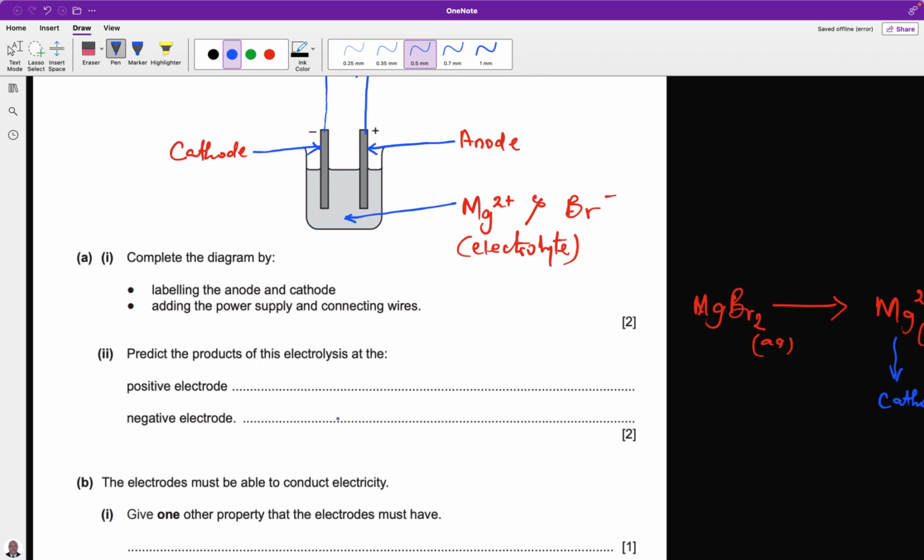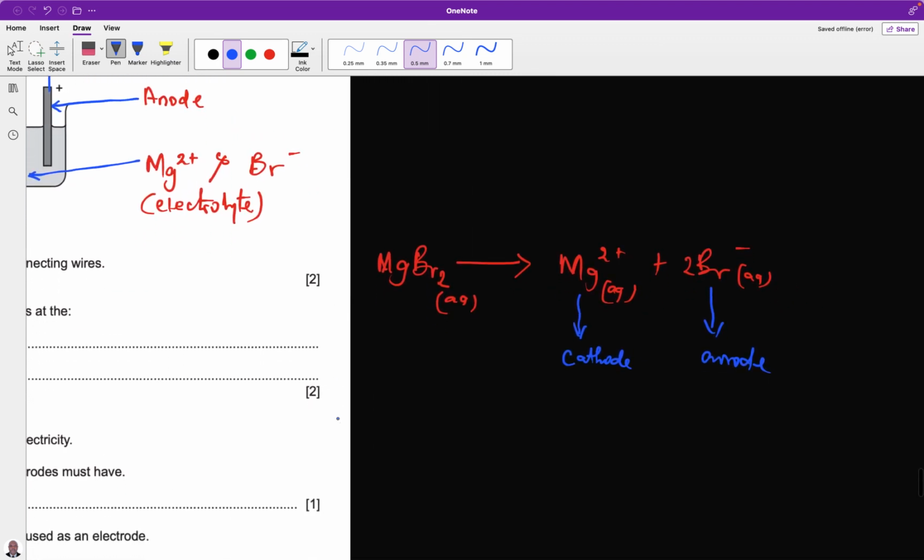For the purpose of revision, at the anode, the 2 bromide ions will give back the lost electrons to form bromine gas, plus 2 electrons.